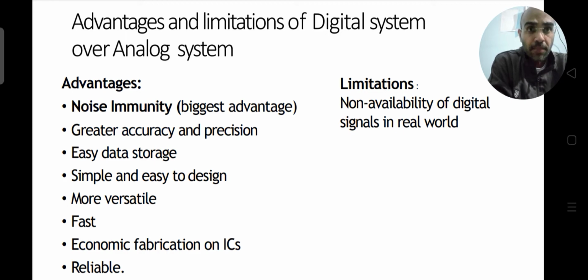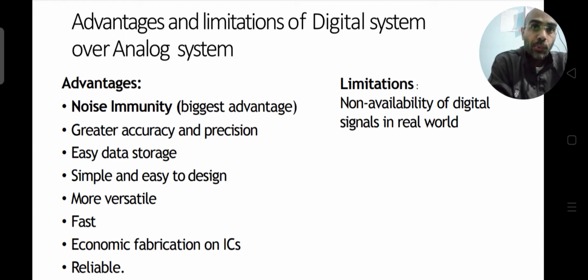What I mean by this point is that if there are some variations in the input signal, the variations will not be treated as variations but will be treated as logic 1 or 0. These variations should be in a particular range as designed by the designer.